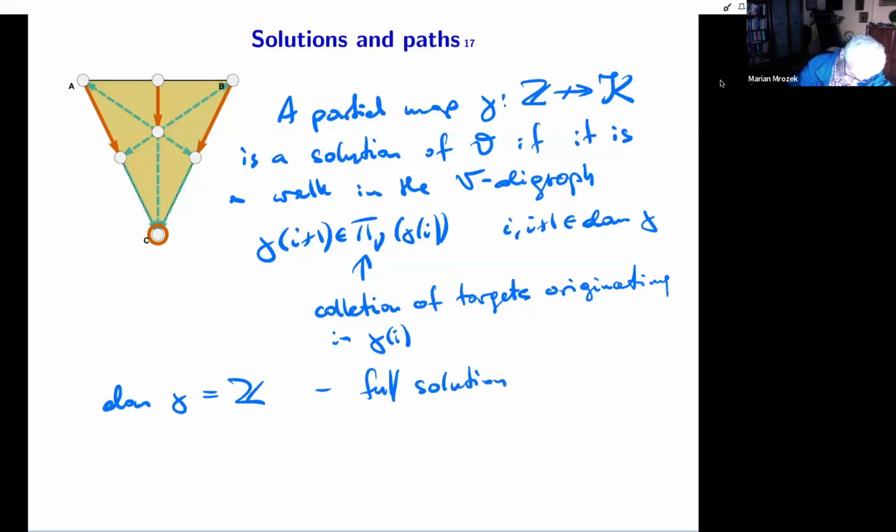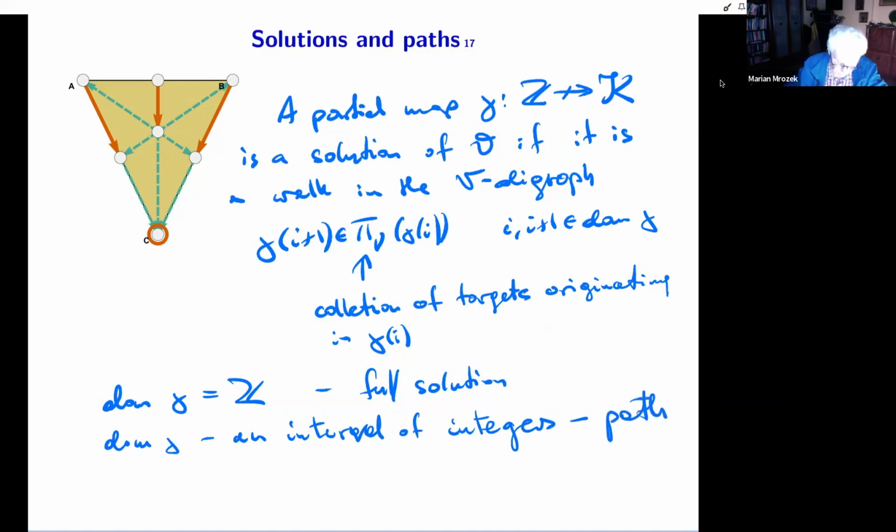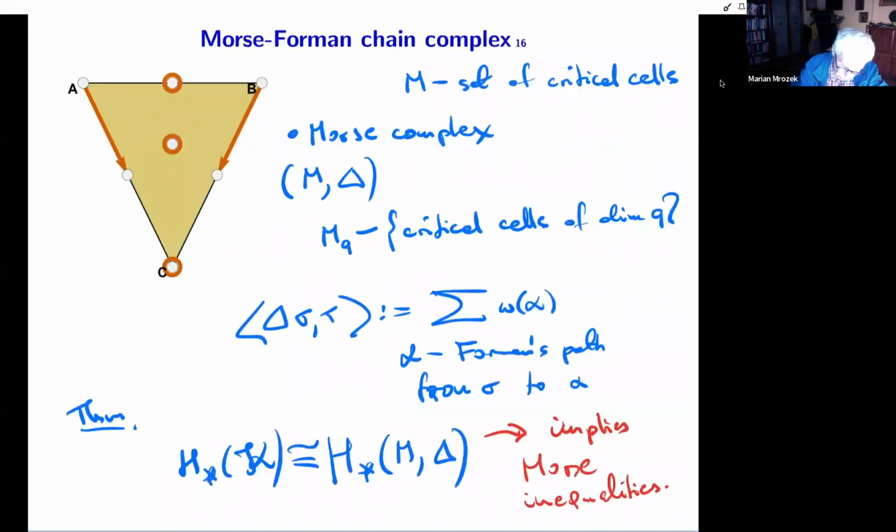And if the domain is an interval in the integers, I use the graph terminology and speak about a path. So do we have in this example a full solution? Not in this one. But when we go back here, yes, there is a full solution.